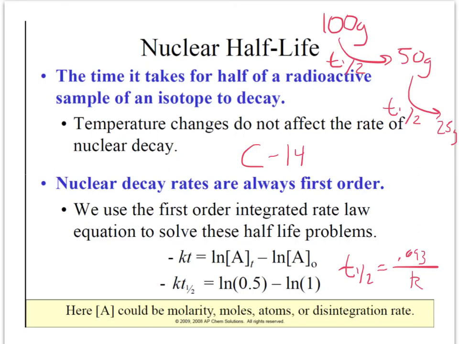It's not temperature dependent, so even if it was freezing and burning hot in the area where this item died, we can track how much of it has decayed, trace that back to figure out how long it would have taken. So, if we knew that it started with 100 grams and it's left with 0.5 grams, how long did it take to go from there to there? And we could use half-lives to trace that back and figure it out pretty simply. So this very, very precise nature of nuclear decay and its half-life is really good for timing things and tracing how long it's taken certain things to happen.